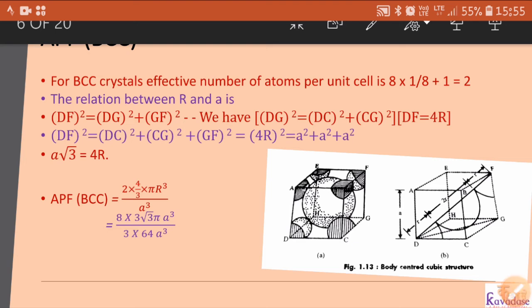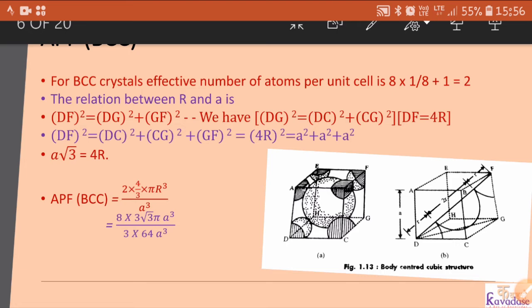So DF square is equal to DC square plus CG square plus GF square is equal to 4r square. And the other values we already know, A square plus A square plus A square, means A root 3 is equal to 4r.